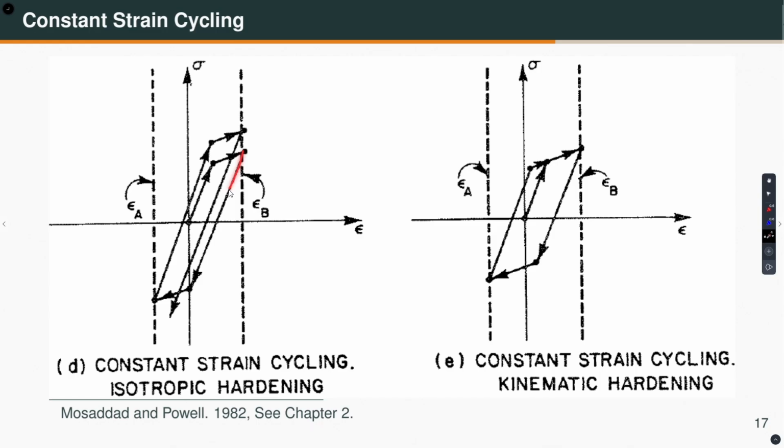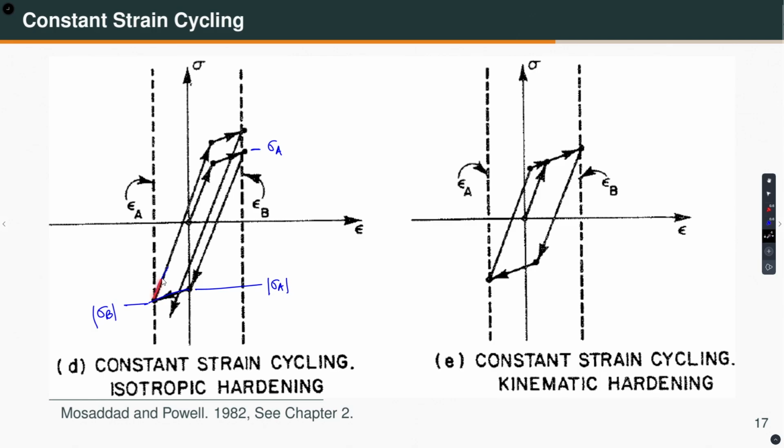What should happen? Well, it should go all the way until you reach the same stress. So, if I call this my sigma A, then this point in magnitude is also sigma A, because it is isotropic hardening. Then what will happen? Well, you will go like so and you reach epsilon B. So, you are at this point. Let me mark this stress here as sigma B, the magnitude.